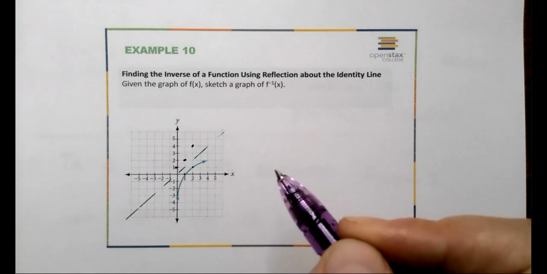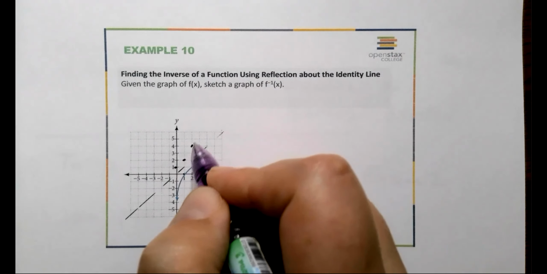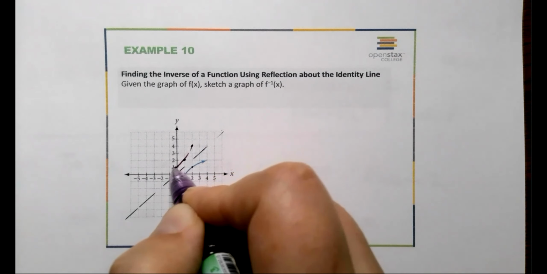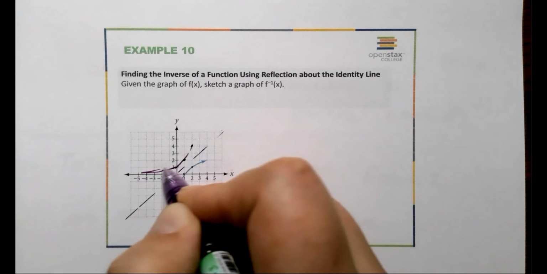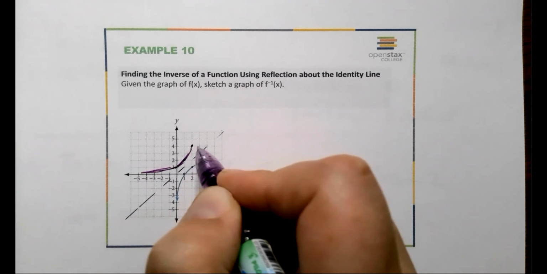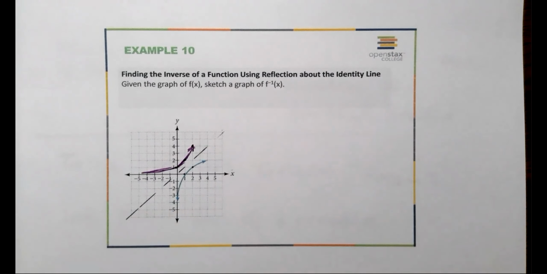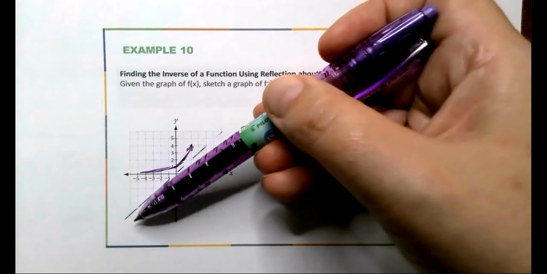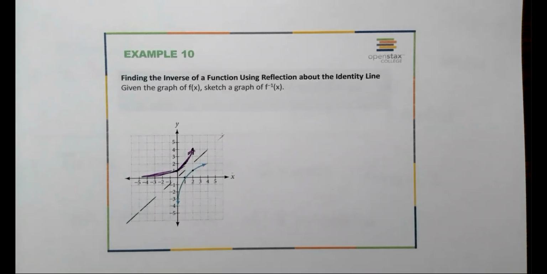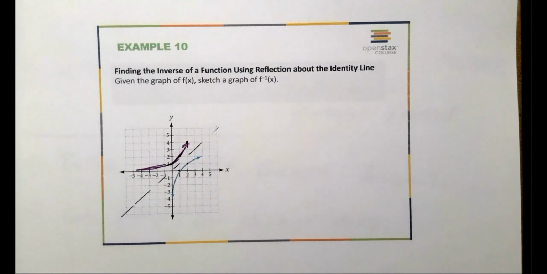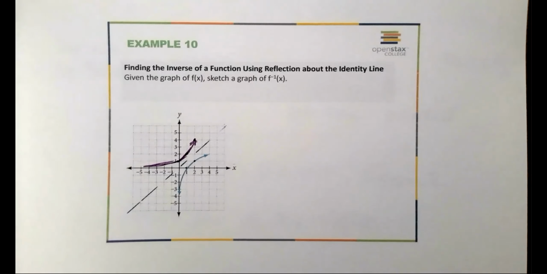Now I think I'm ready to graph it. So it's gonna go something like this. Okay, so a reflection about the diagonal line, or the identity function, y equals x.